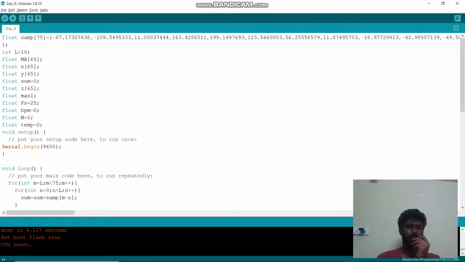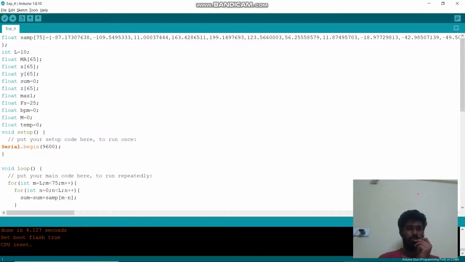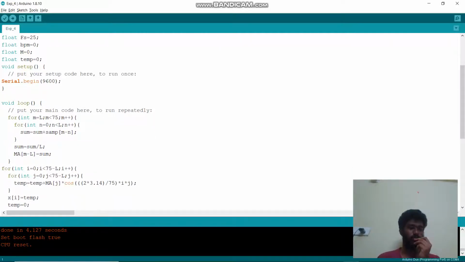This is the input, the PPG signal that we are taking, and then we are going to pass it to the moving average filters to remove the noise and smoothen the curve.